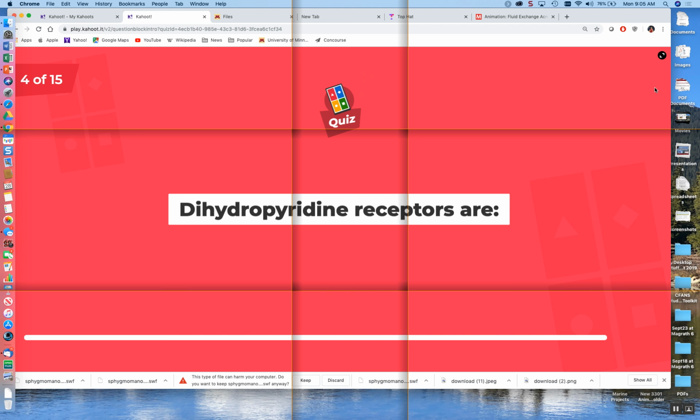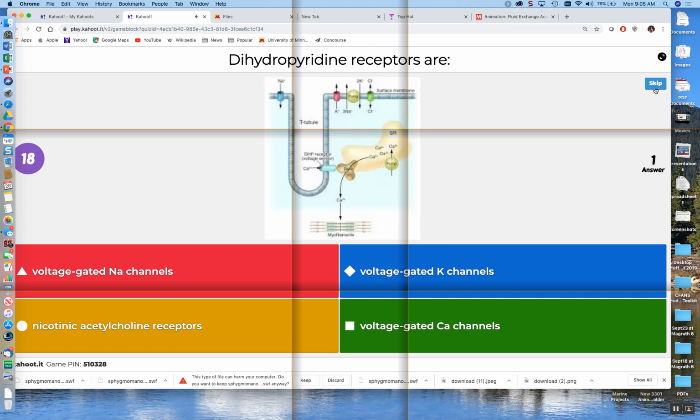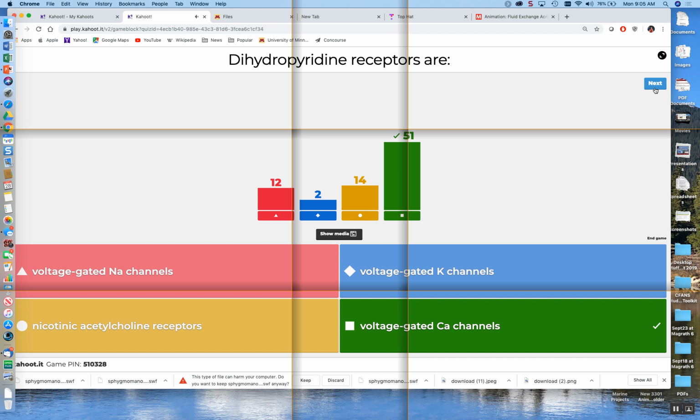Dihydropyridine receptors are voltage-gated sodium channels, voltage-gated potassium channels, nicotinic acetylcholine receptors, or voltage-gated calcium channels. All right, a little bit harder.